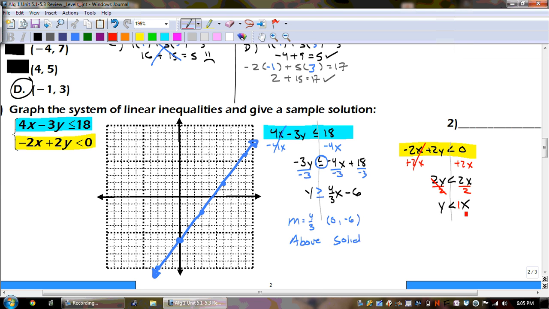So if you remember that we're talking about 1x, and if you need to write that the y-intercept is plus 0, go ahead. Now, that helps me know that my slope is 1, or 1 over 1. My y-intercept is going to be (0, 0), and then it's going to be below, and it's going to be dashed.